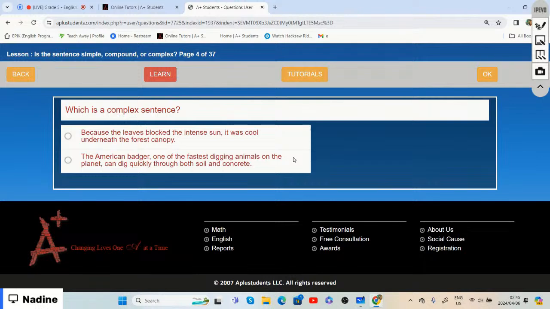So it depends on the context in which we use because. But because is a subordinating conjunction.